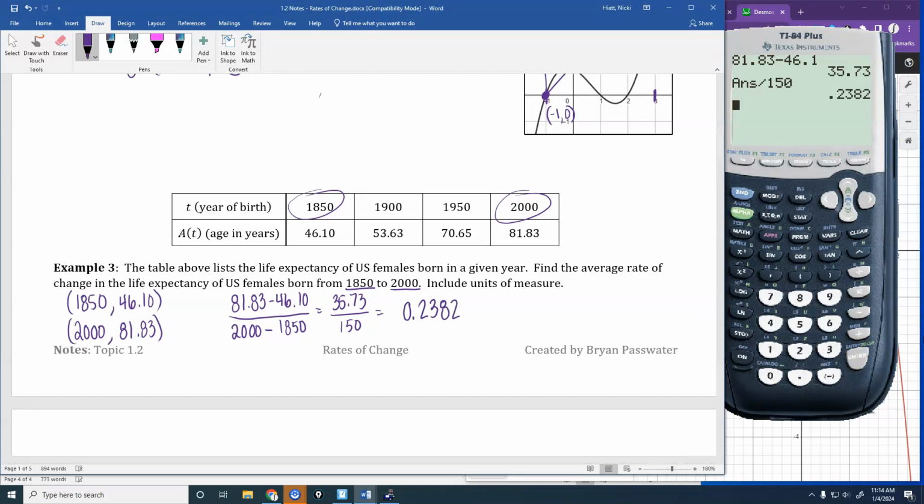If this was an AP question you were answering by hand, you could do this, or you could call it 0.238. What you couldn't do is round it to 0.24. That would be rounding off too much.